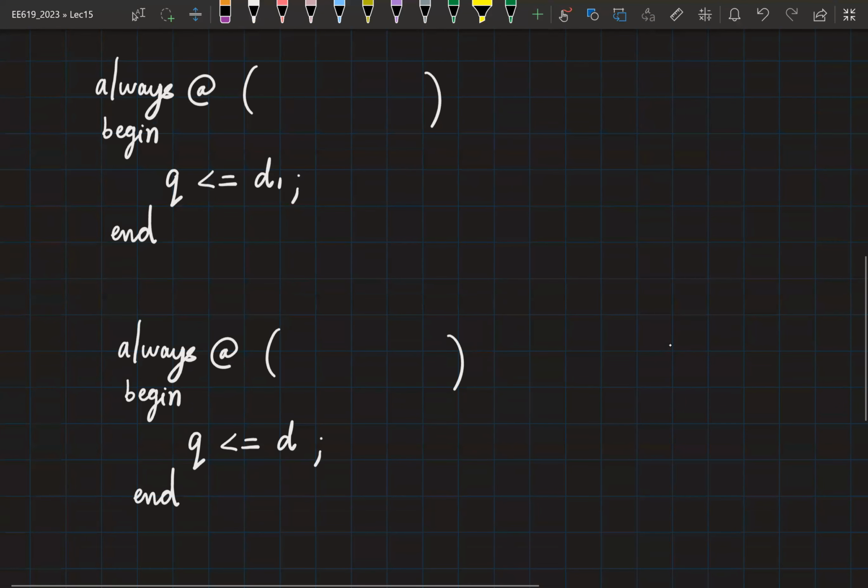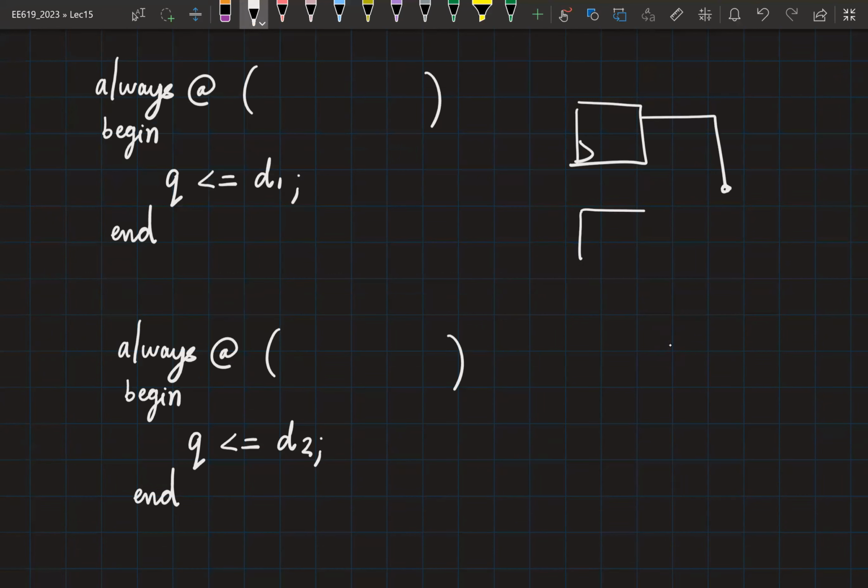So if you have a statement like this, this basically corresponds to two flops driving the same node. This will get translated as a flop, assuming you have given an edge sensitivity list here. This will get translated to another flop, and you basically have multiple drivers for one node. Right? So this cannot be synthesized directly by the tools.